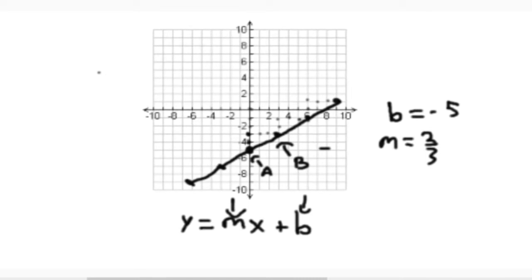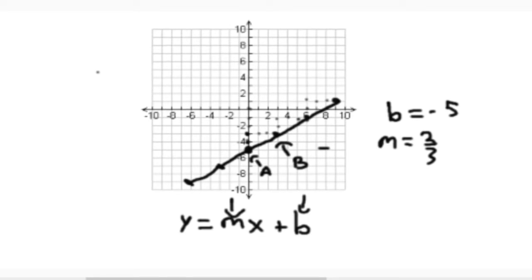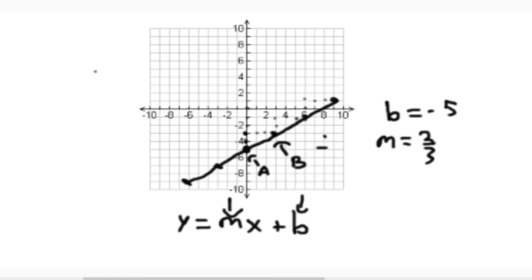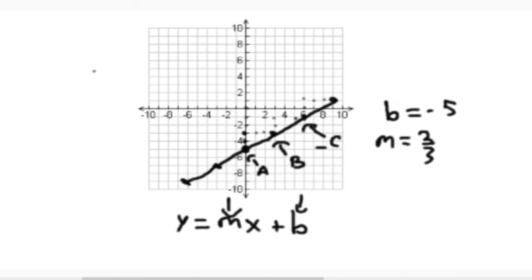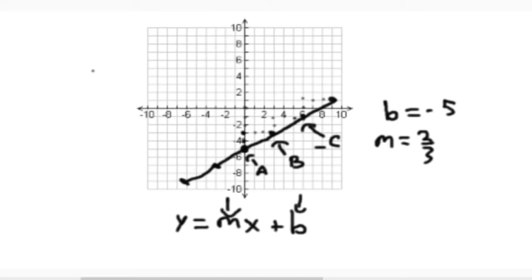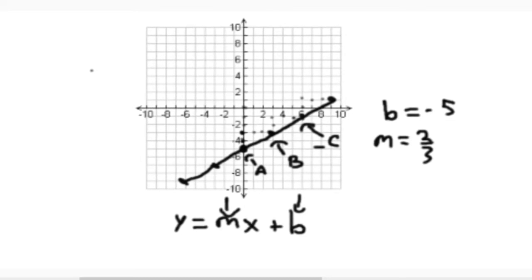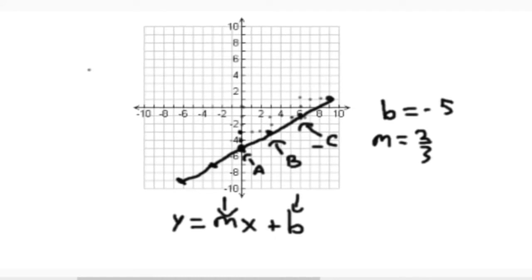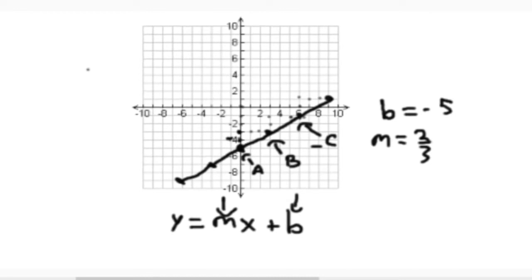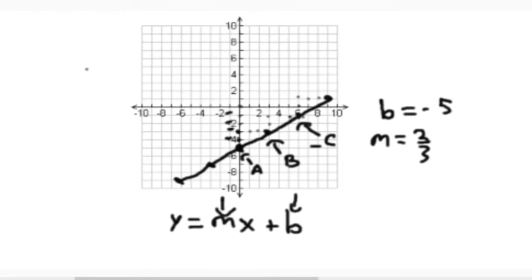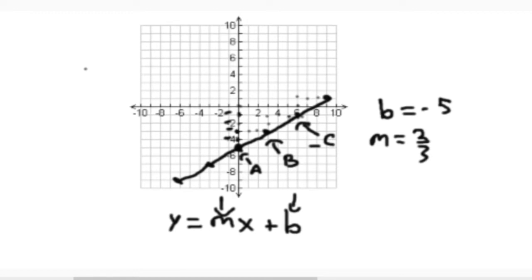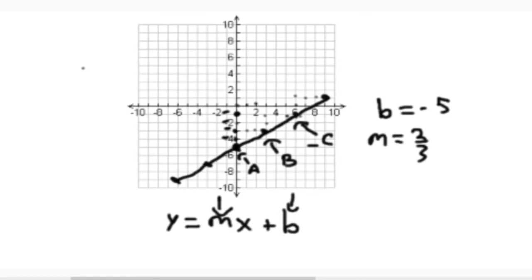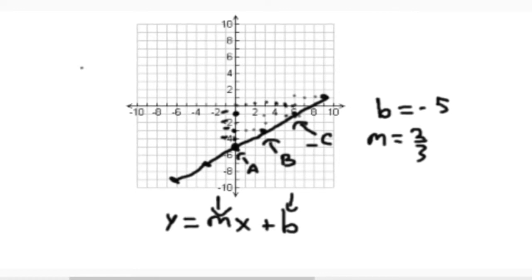Now what if you chose 2 points that weren't next to each other? Let's say I didn't notice this point here and I looked at A, which is our y-intercept, and point C. Even if you looked at those 2 points instead, you'd still get the exact same slope, because in order to get from A to C, you have to rise 1, 2, 3, 4, and you would run 1, 2, 3, 4, 5, 6.